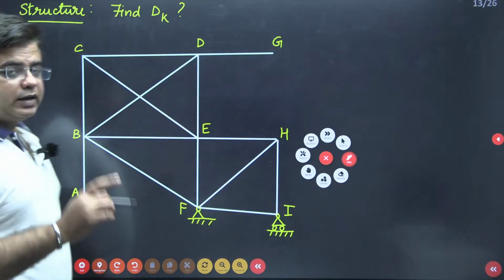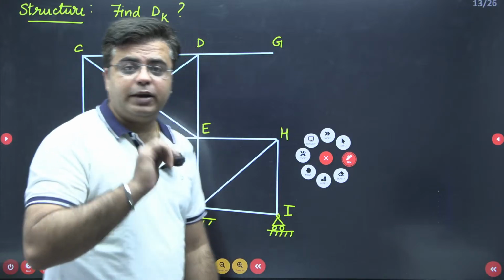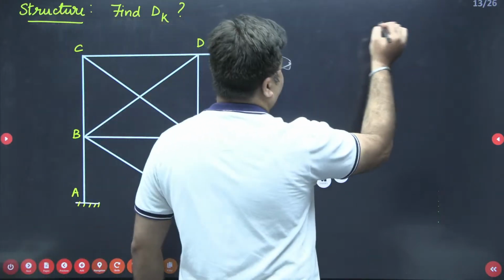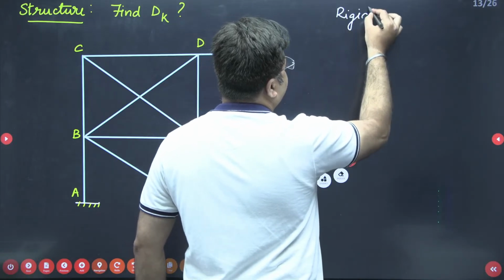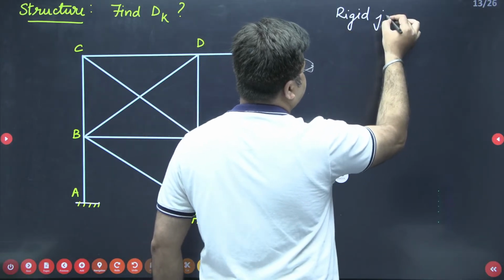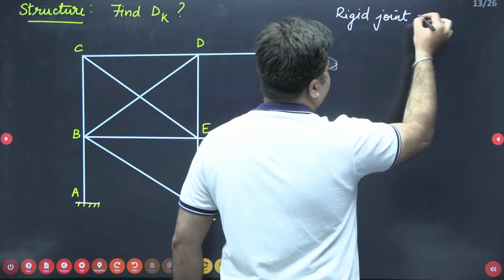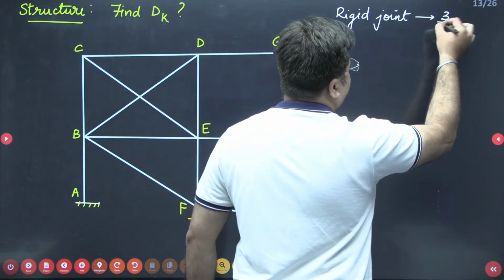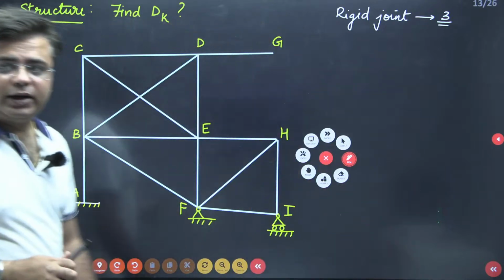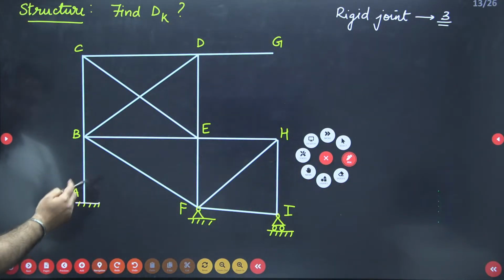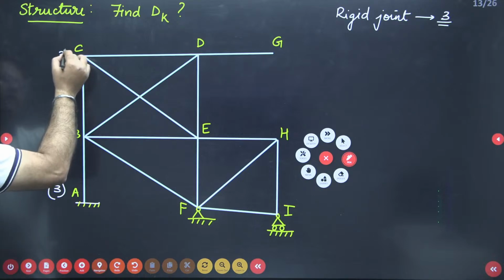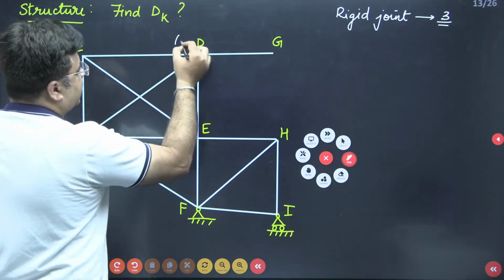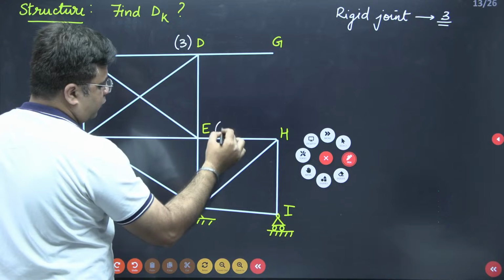Since this is a rigid plane frame, every rigid joint has 3 degrees of kinematic indeterminacy. So for the degree of kinematic indeterminacy, just write down 3 for all the joints.